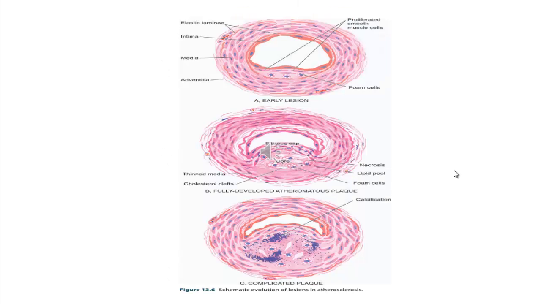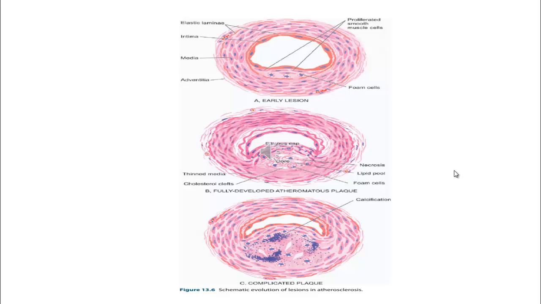So again, in this slide, there are the different evolutionary phases of atheroma formation. In the initial stage, there is endothelial dysfunction with the accumulation of certain foamy macrophages in the intima, and these foamy macrophages contain the imbibed lipids.